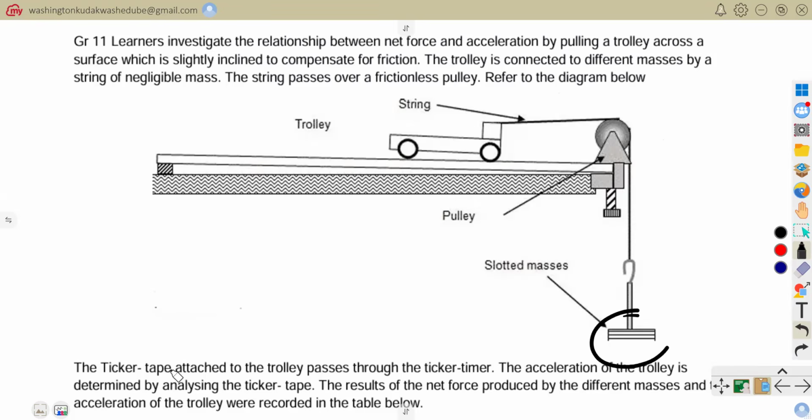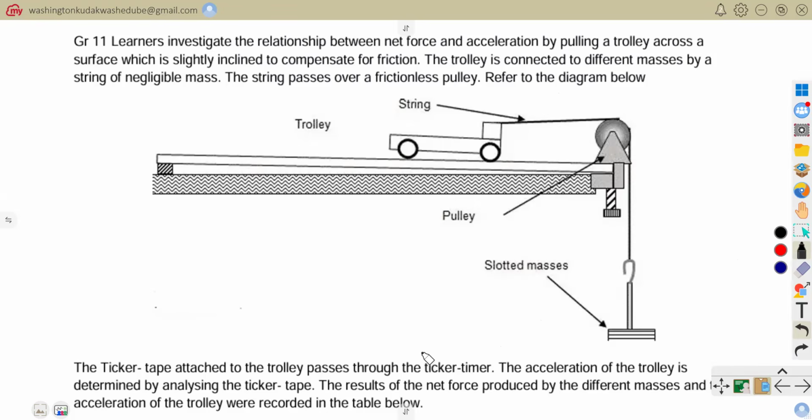You would have a ticker tape attached to the trolley that passes through a ticker timer. As it passes through the ticker timer, you would see that this trolley begins to move. As it moves, we would start recording the time it takes to move from one point to another.